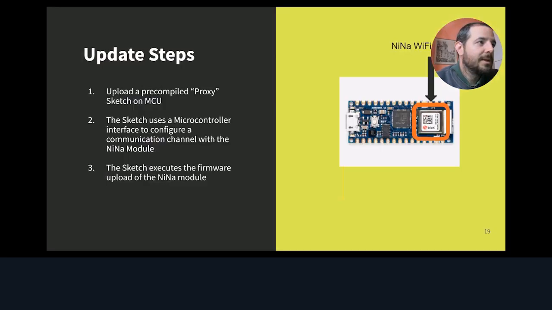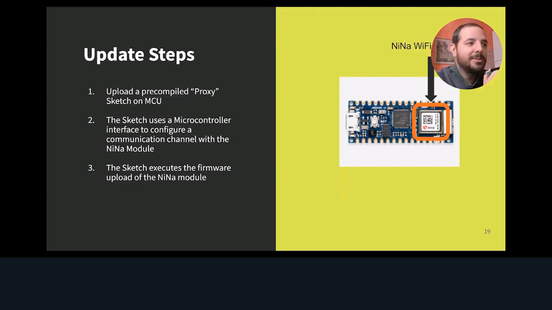So here is how it works. What you need to do is to first of all create something that goes directly in the microcontroller here, and that's your own sketch. So we write a sketch that is going to be written on the microcontroller.